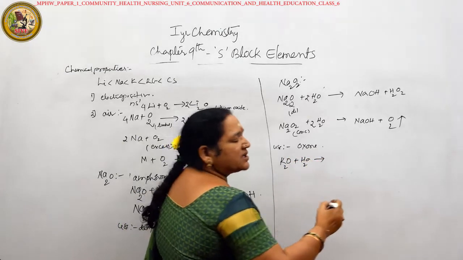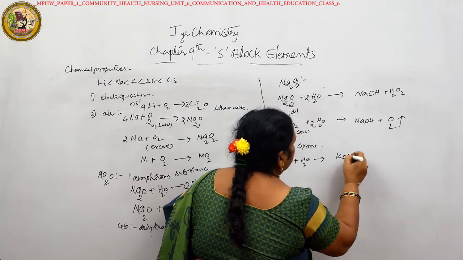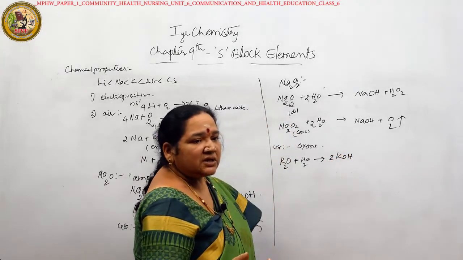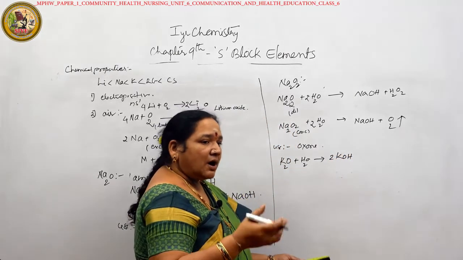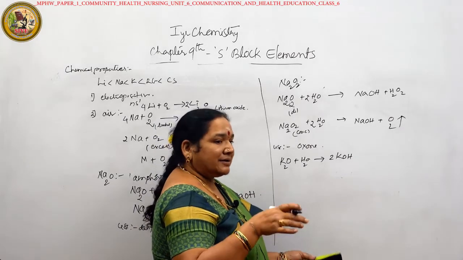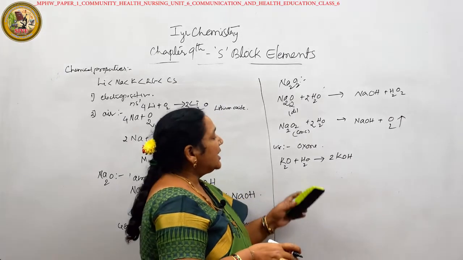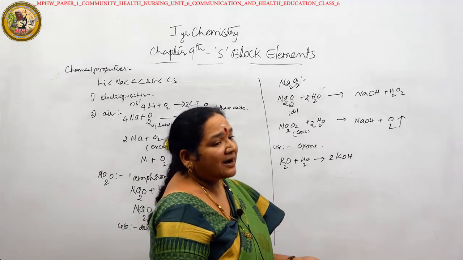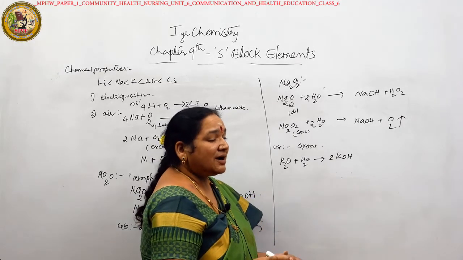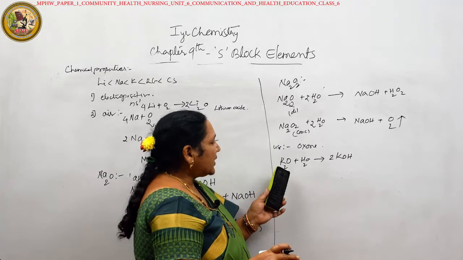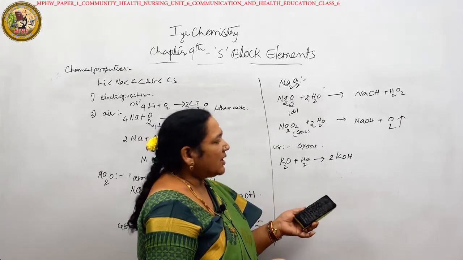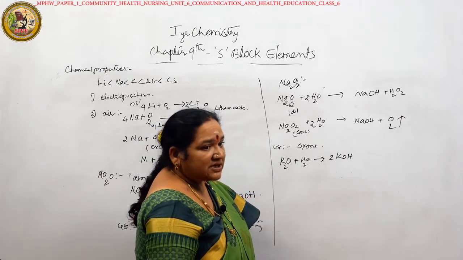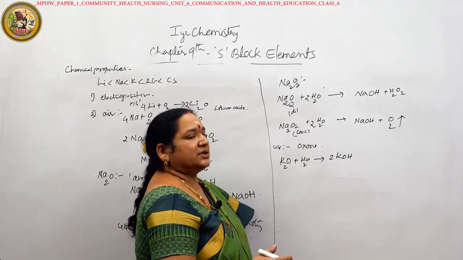It forms potassium hydroxide, which means the solution is basic in nature. So all oxides or hydroxides of these alkali metals, dissolved in water, release hydroxyl ions. That's why these are called alkali metals.